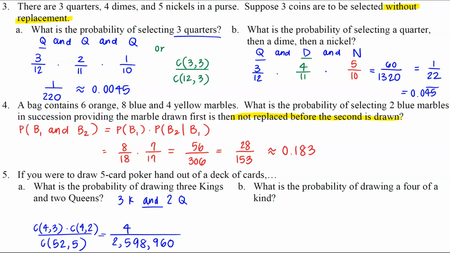Well, there's 4 different ways I can get 3 kings, times 6 different ways that I can get 2 queens, which would be 24 different ways that I can get 3 kings and 2 queens out of the total 2,598,960. This would simplify to 1 out of 108,290.